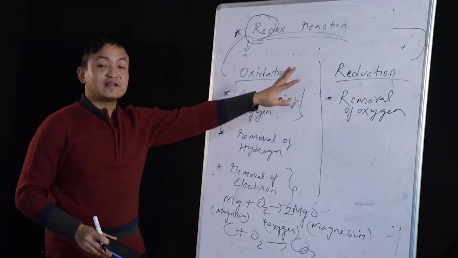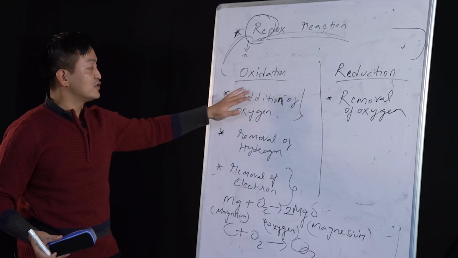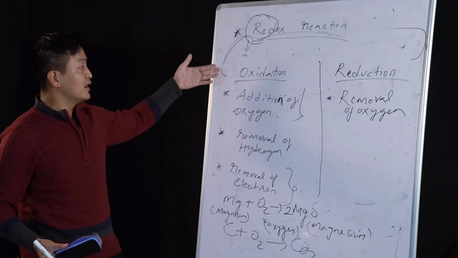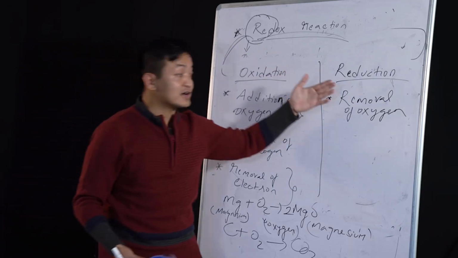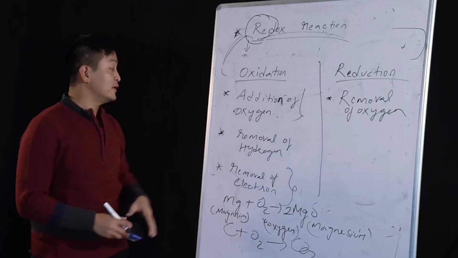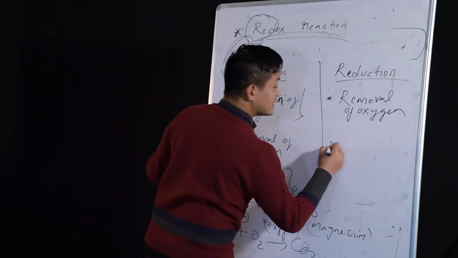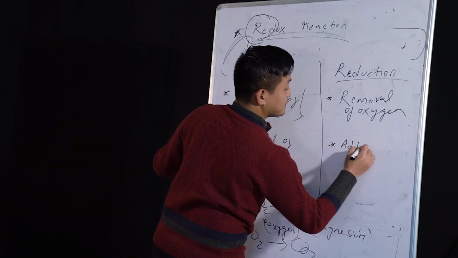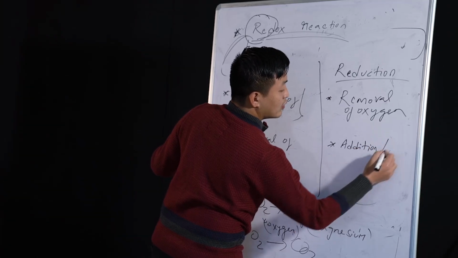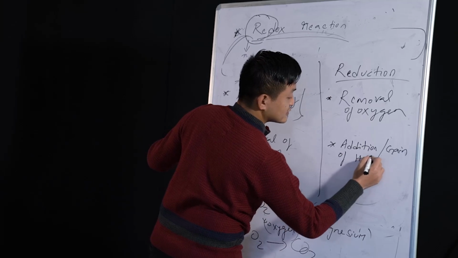See, oxidation and reduction, they are opposite. The first point, addition of oxygen under oxidation, so for reduction, it will be removal of oxygen. Addition, removal. Now here there is a removal of hydrogen in oxidation, so it will be an addition or gain of hydrogen.